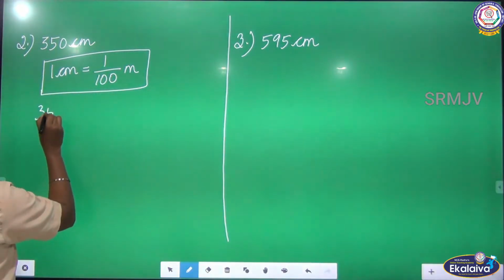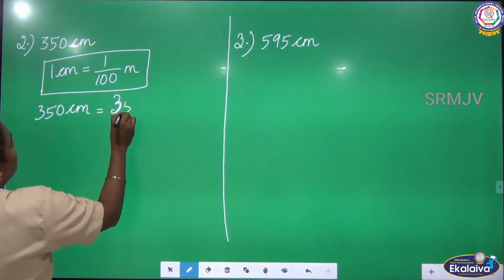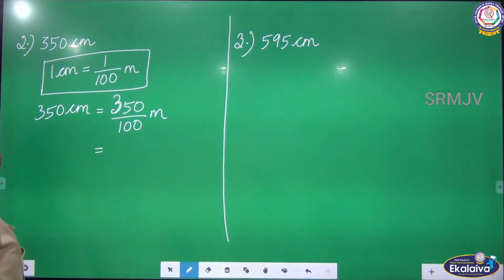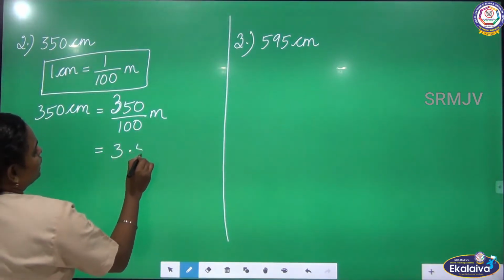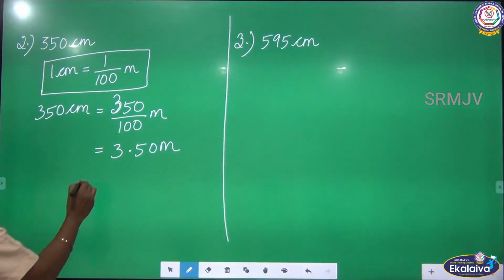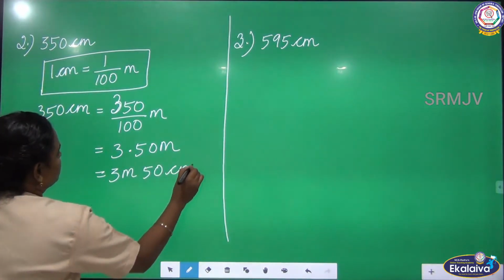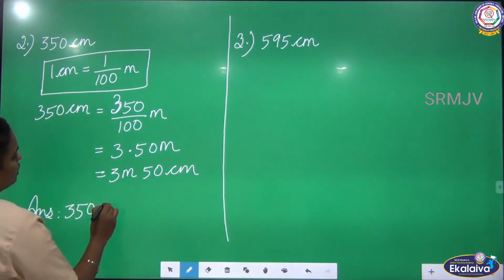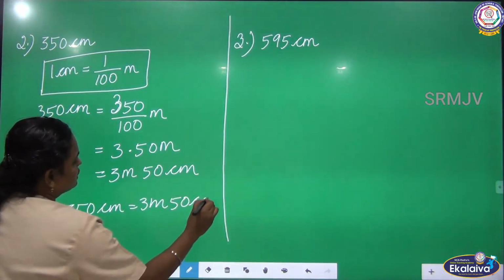Then we have to find the decimal form. 100 means we have to leave 2 digits, so 2 decimal places. So 3.50 meter. It's nothing but 3 meter and then 50 centimeter. So the answer is 350 centimeter equals 3 meter then 50 centimeter.